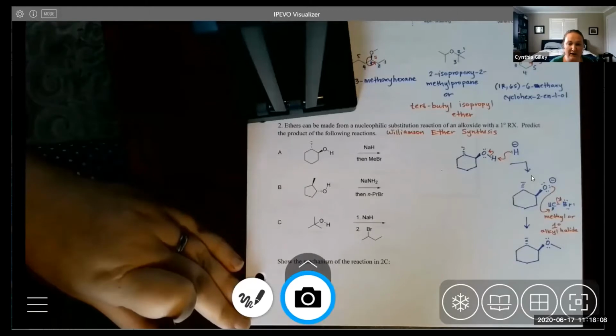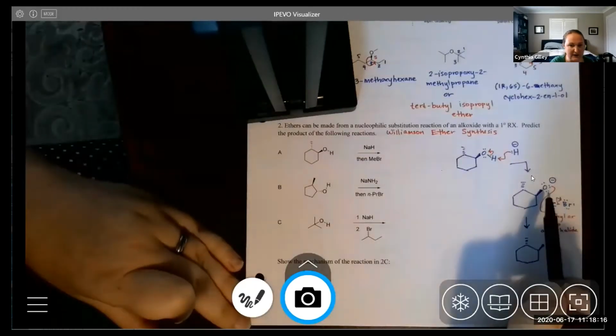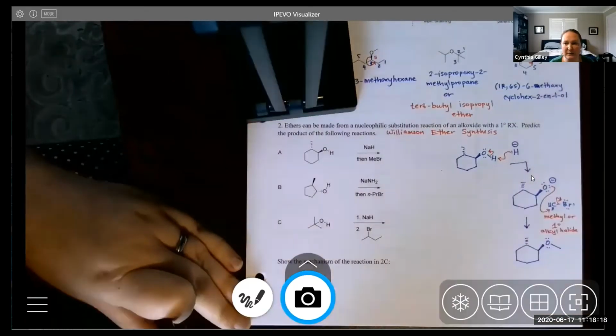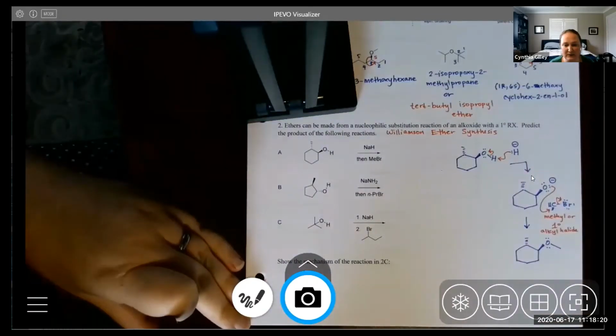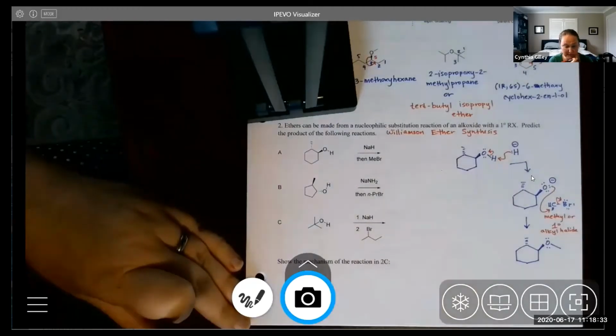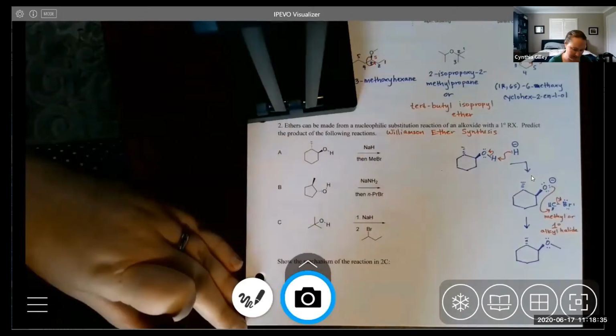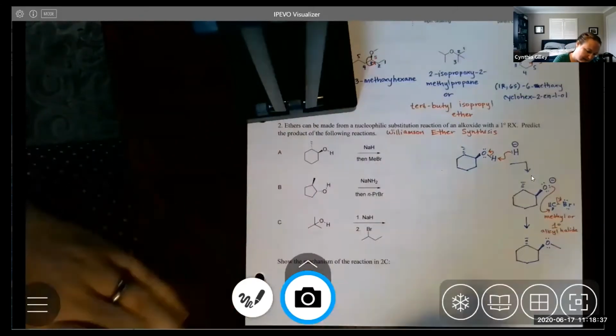Secondary, while that can work for an SN2 reaction, doesn't work in this case because the alkoxide is also a strong base. So elimination competes with substitution, and elimination is the major pathway when we use this sort of strong base and strong nucleophile on a secondary alkyl halide. So it has to be methyl or primary. Limitation.